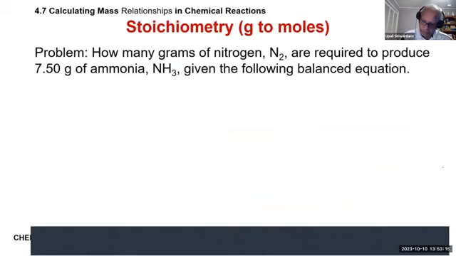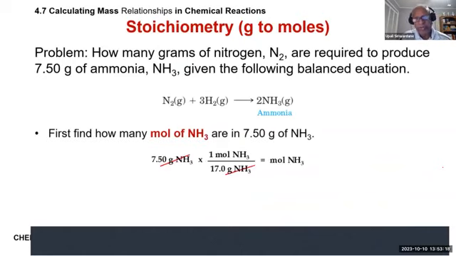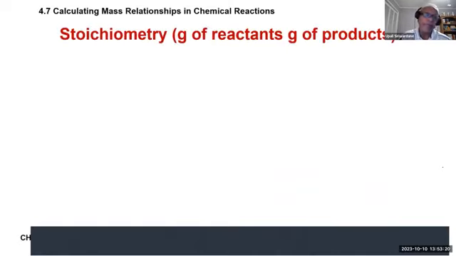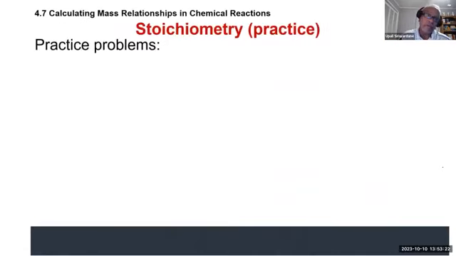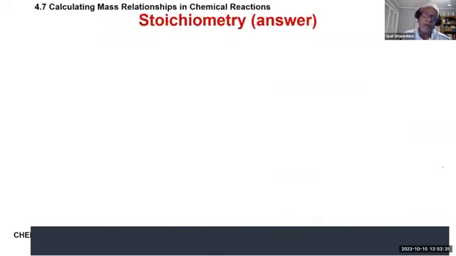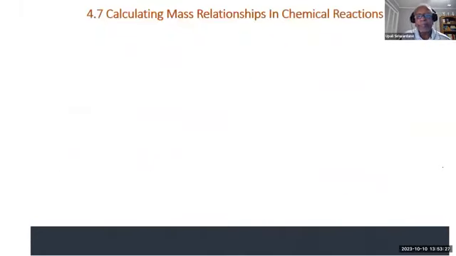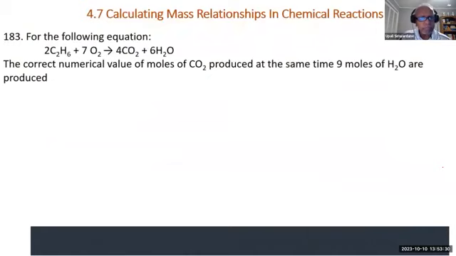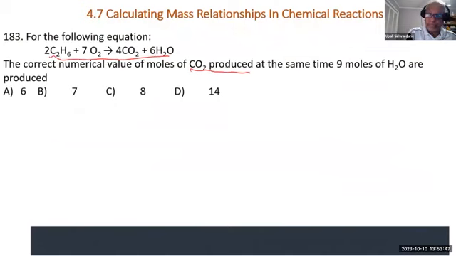Let's look at some problems. If you look at this equation, when you are using it in stoichiometry, the number of carbon dioxide moles produced by 9 moles of water.